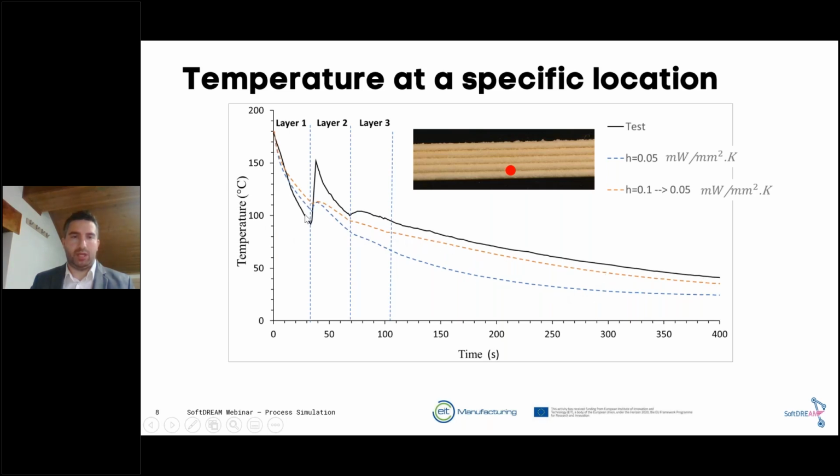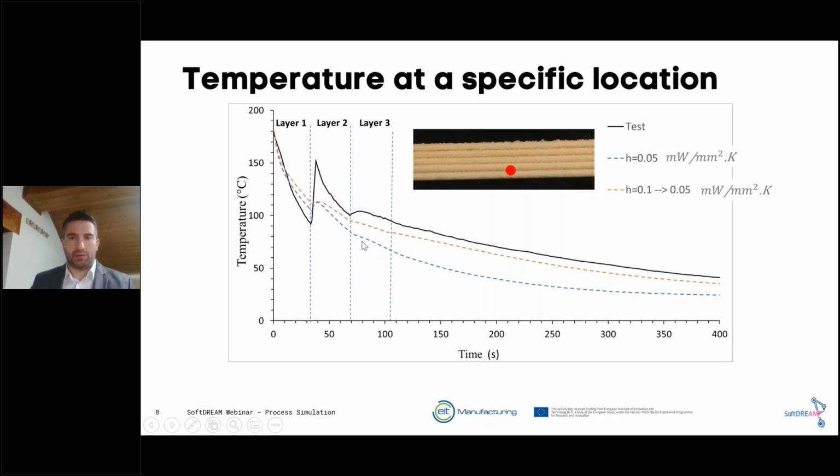And so here is the printing of the first layer. We add a new layer, the temperature goes up at this point. Then we wait, temperature goes down. We add the third layer, and there is a smaller bump in the temperature, and then we let it relax for a couple hundred seconds.